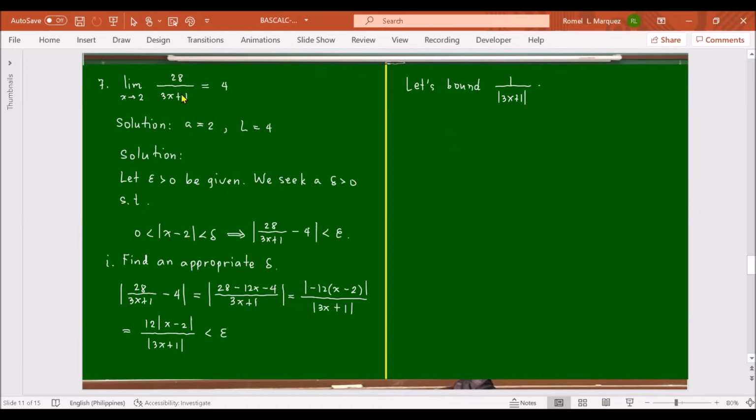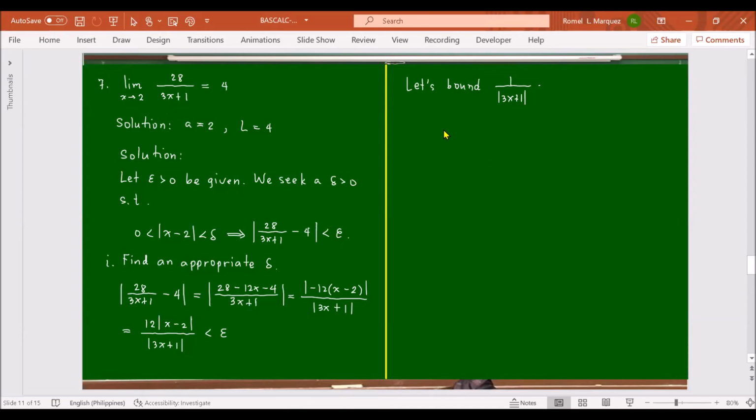Since there is a possibility that the interval I form once I choose delta can cover the value of x that will make 3x plus 1 zero, which is not in the domain, I have to be careful with that.